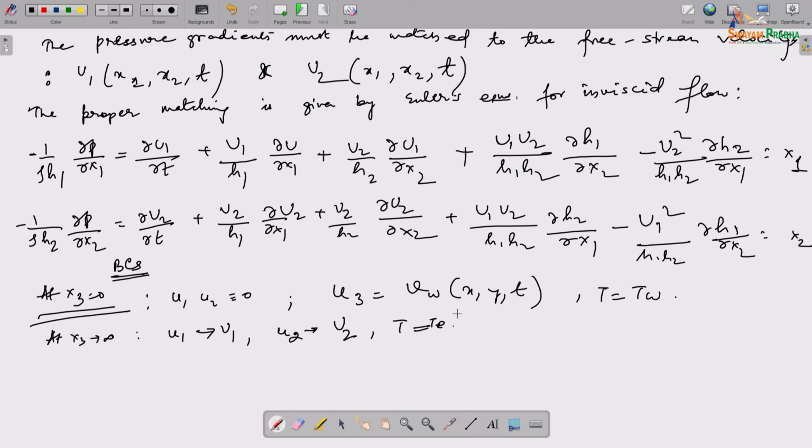Okay. So, this holds at the walls also. The resultant wall shear direction may not be in the direction of the free stream velocity, probably is not. Okay. So, let me at least write that.